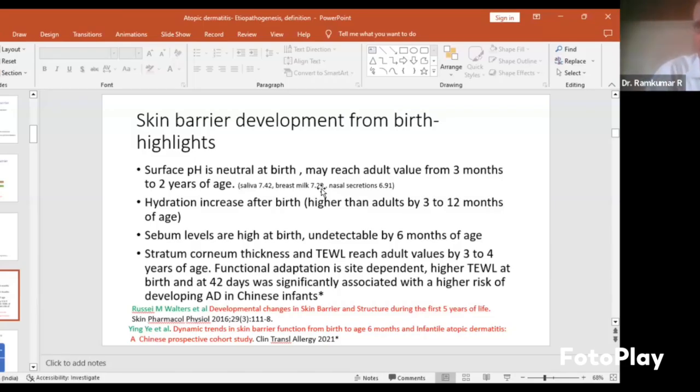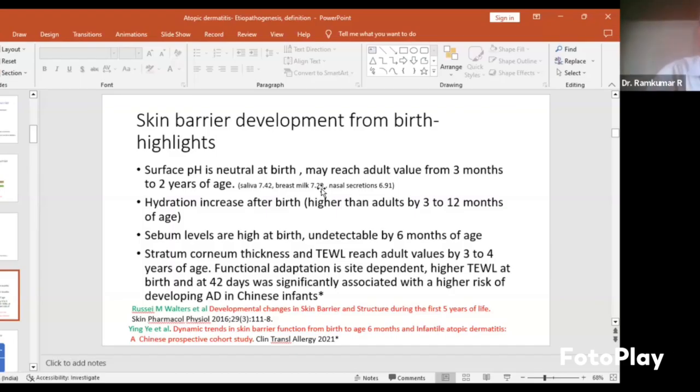Please remember this. Atopic dermatitis occurs more commonly in the cities because the skin barrier does not develop maturity. It does not attain its full competency in city life. When a child is placed in a densely populated place, or is away from natural surroundings, the development of the epidermal barrier is very much delayed.